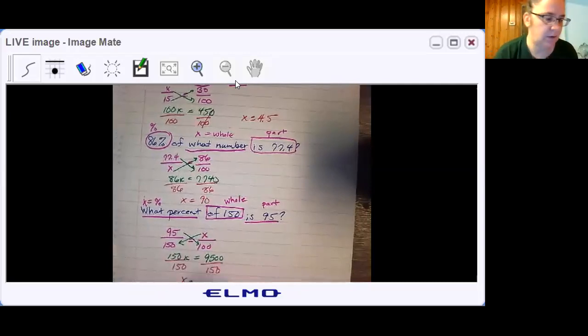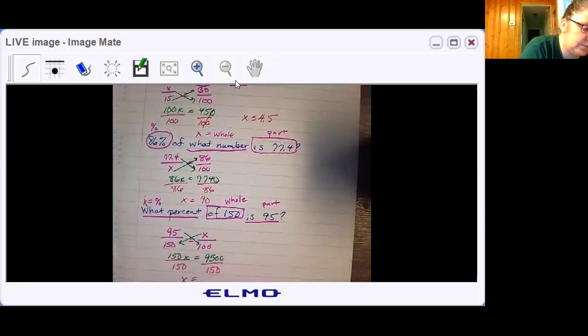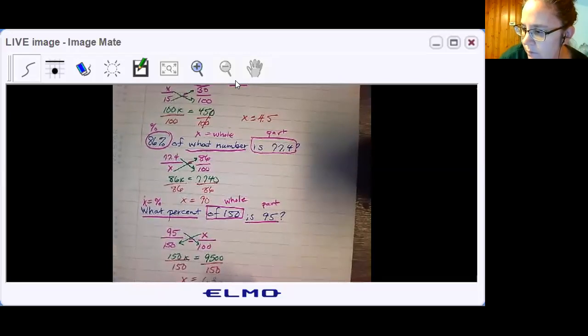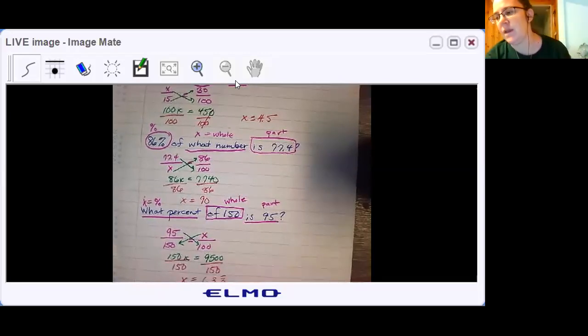Going to go to my calculator because I'm dealing with big numbers. 9,500 divided by 150 is 63.333333333. And because this goes on top, I can go ahead and just put my little percent sign behind it.